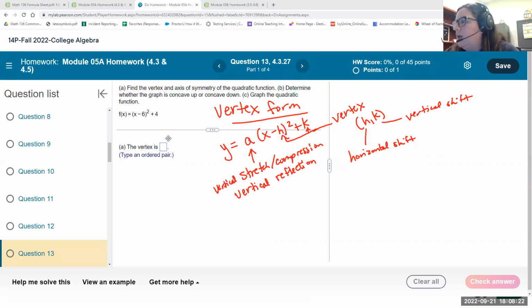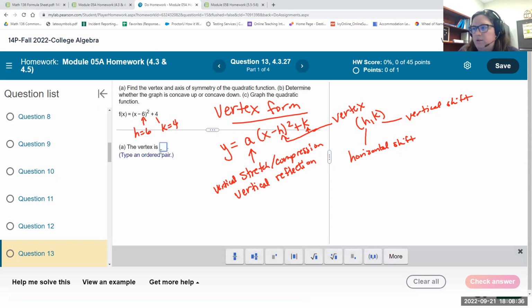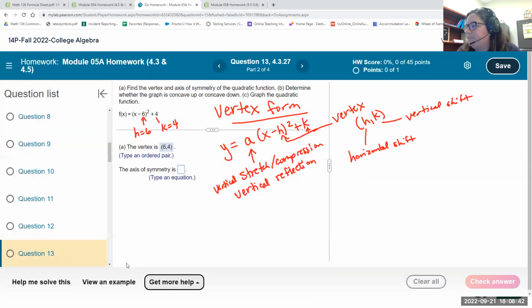In this case, it needs to be x minus h inside the square and then the plus k. So that would mean that h is 6, k is 4, and the vertex, it says type an ordered pair. So I'm using the parentheses and then the 6, 4, and there's the vertex.